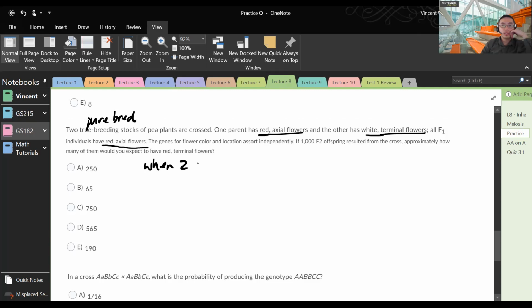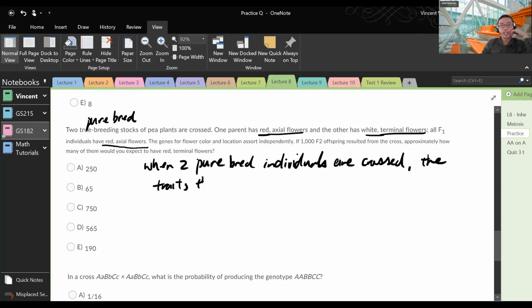When two individuals, in this case the individuals are plants, when two purebred individuals are crossed, the traits that show up in F1 are the dominant trait.